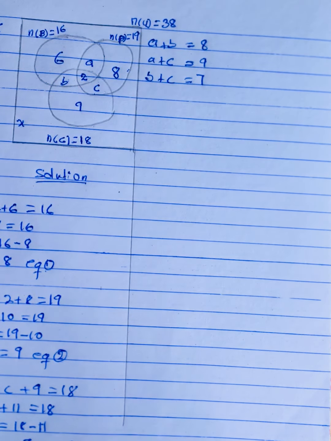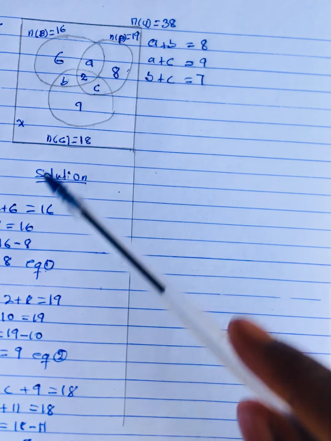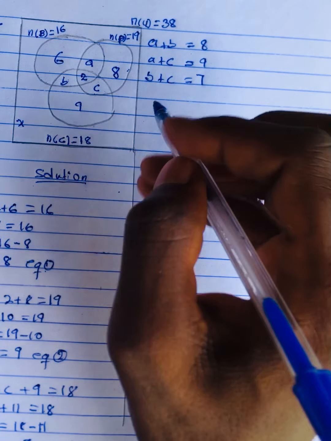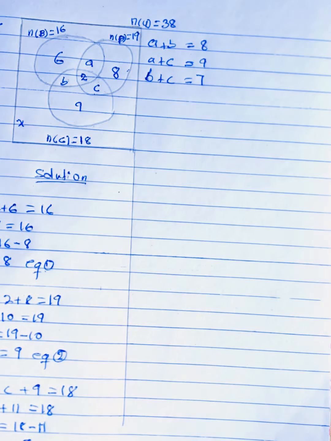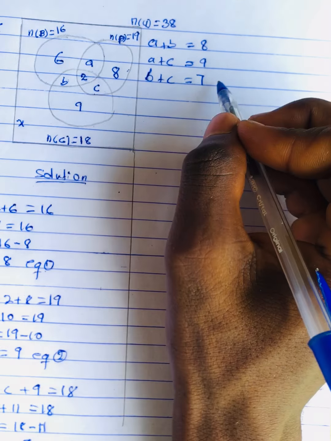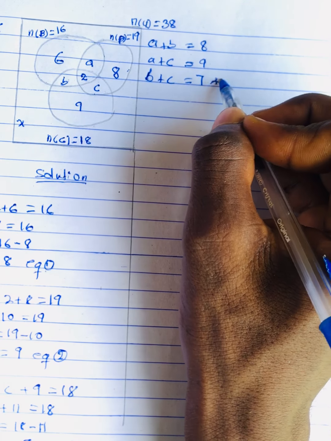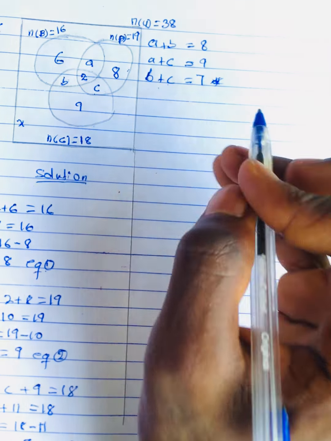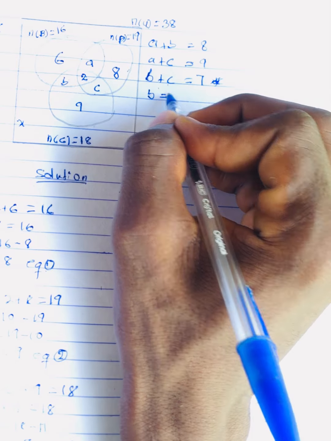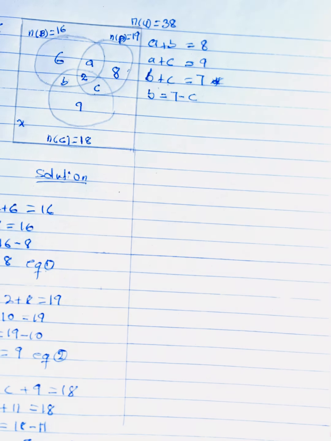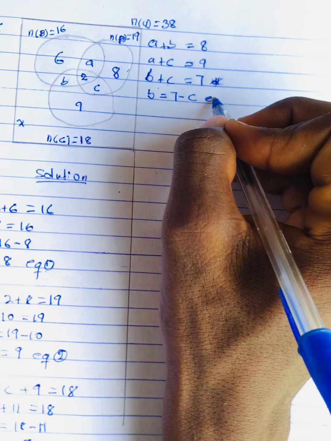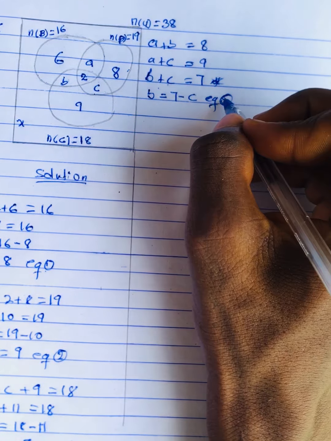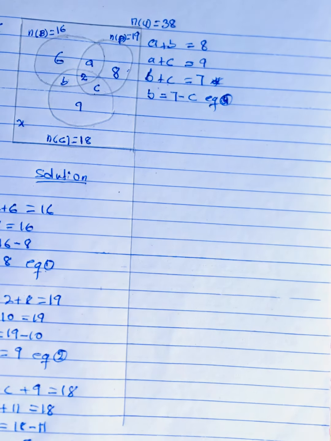Let's make one of the variables the subject so that we can substitute into another equation. I'll choose to make B the subject in equation 3. So C will go, and B is equal to 7 minus C. This is equation 4.